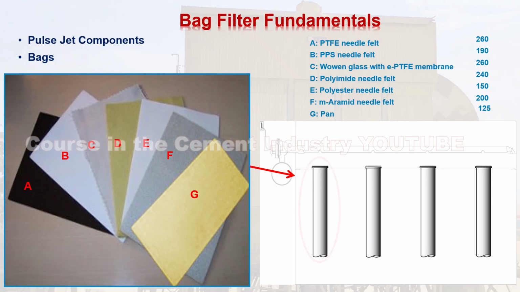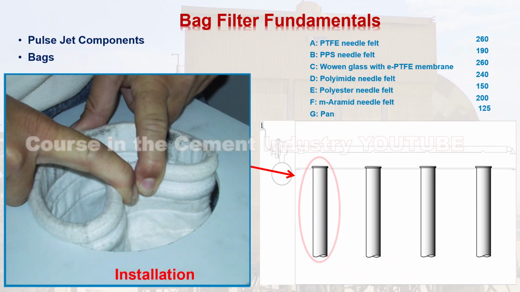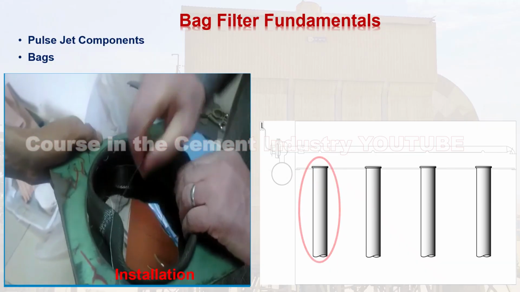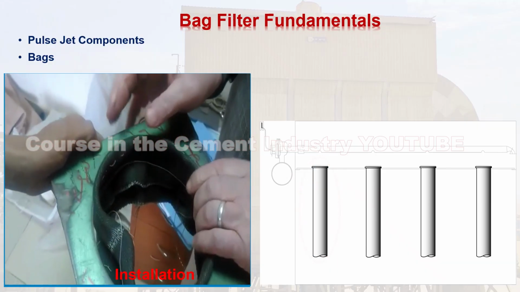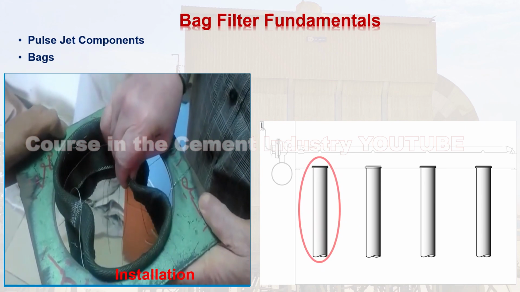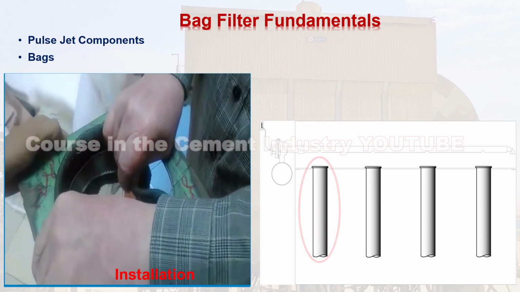Chemical characteristics of dust, acidic, alkali. 4. Dust load. 5. Electrostatic effect of dust. 6. Humidity. 7. Type of filtration method: jet pulse, reverse air, or shaking.